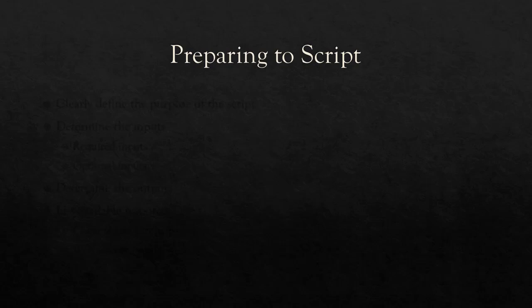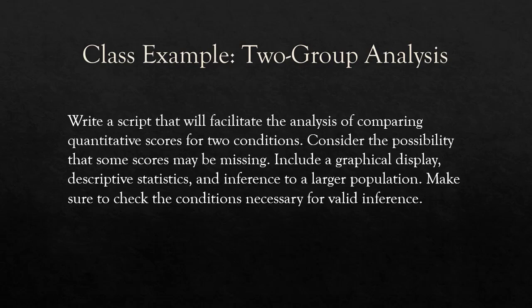Now let's talk about preparing to script. First, we should clearly define what is the purpose of that script. If we look at this class example, what is the purpose here? It's to analyze quantitative scores for two conditions and compare those.